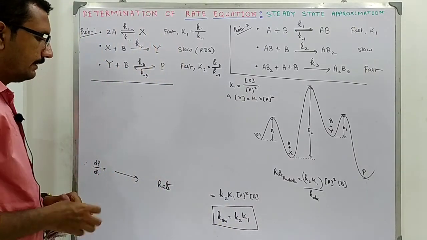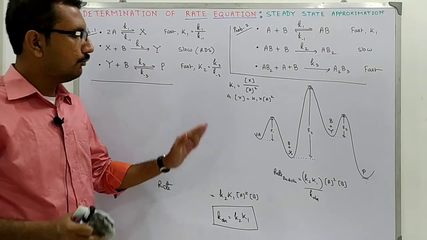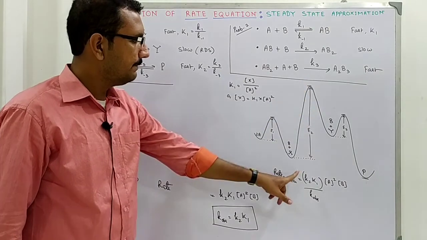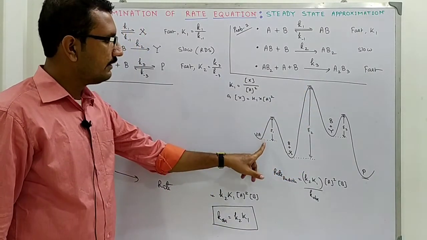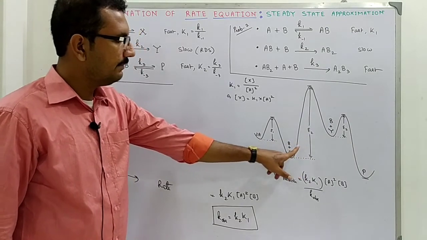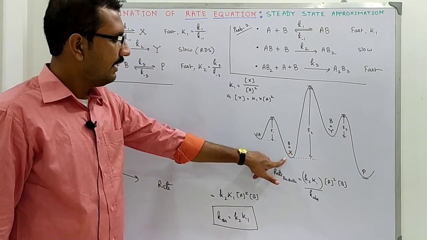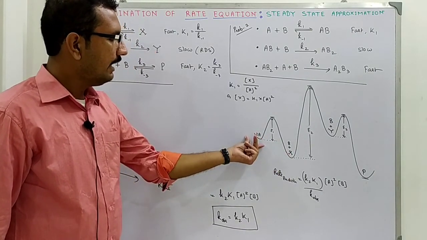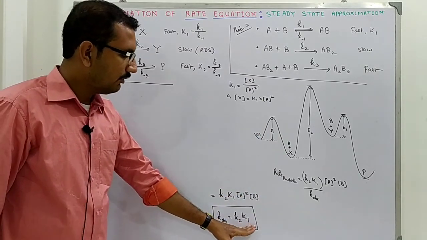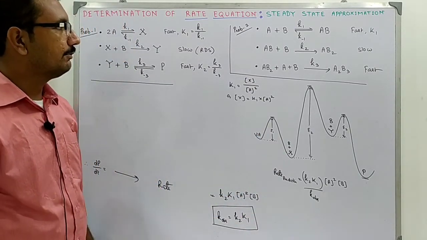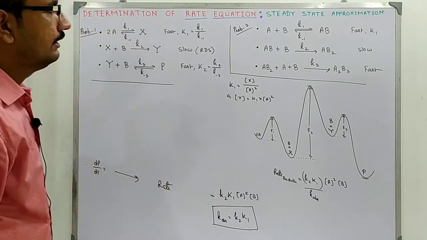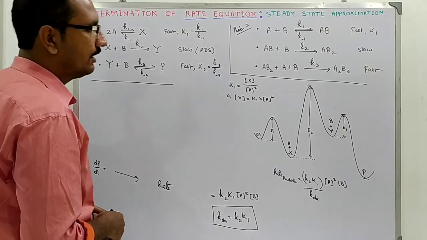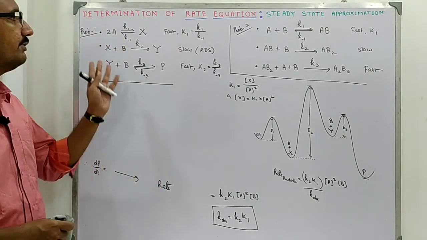That is the rate constant for the overall reaction, that is the overall rate constant will be guided by the rate constant of the slow step, and it will depend on the equilibrium constant, since X appears in the rate determining step, but X is actually reflected as A. So, we have to convert X by A, and that conversion is being carried out by this equilibrium constant. So, this is the rate equation. In this way, we have to determine the rate equation from any given mechanism with the help of steady state approximation. So, this is the solution of the first problem.